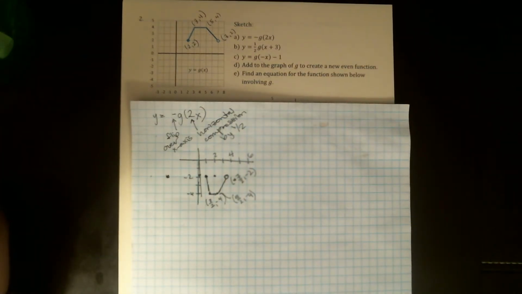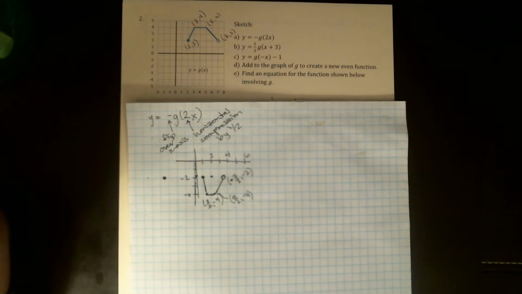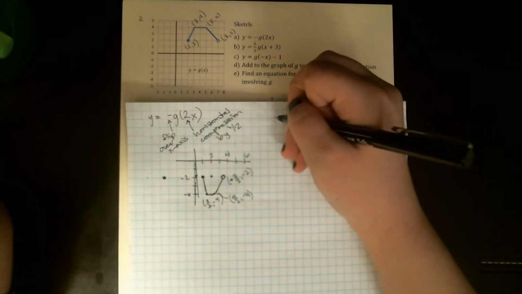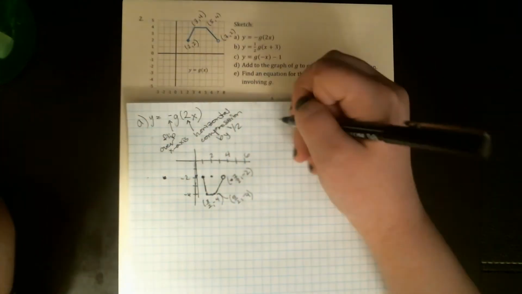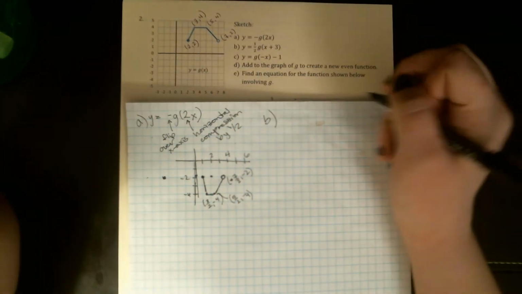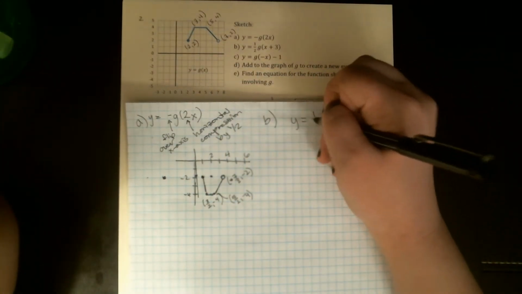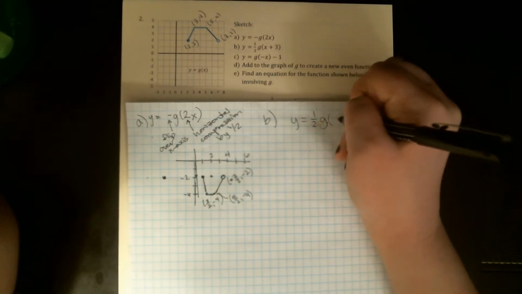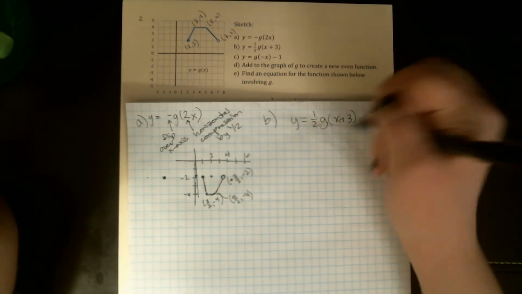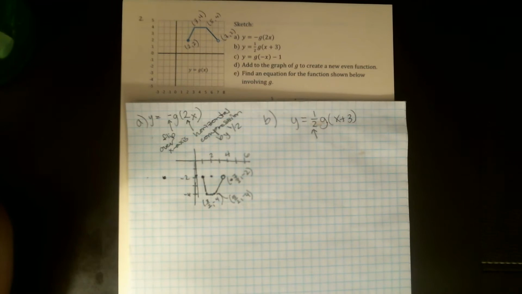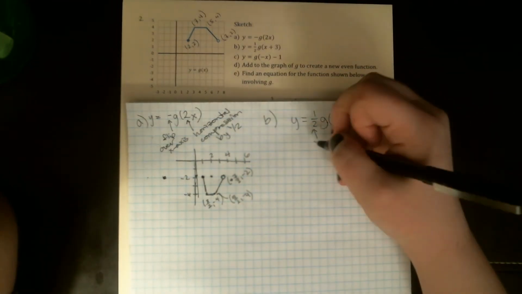For b, we have a vertical compression. So this was A. I'm going to do it right next to this one, B. 1/2 g of x plus 3. Okay, so the 1/2, since it's applied to the entire function, that's going to affect y values.